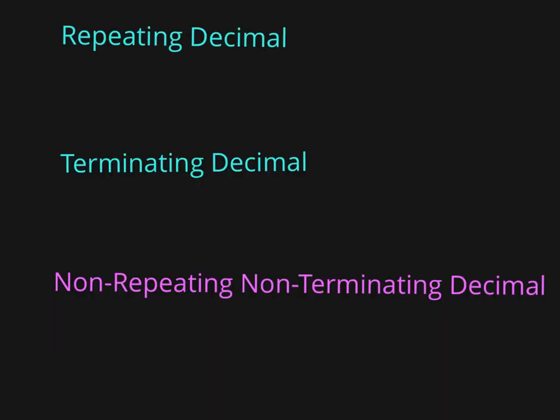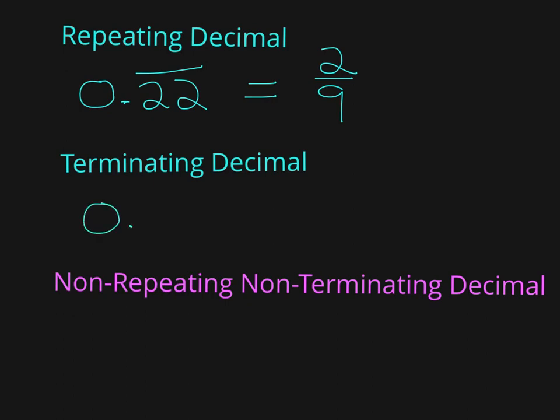Alright, just reiterating one more time because this is important vocabulary. A repeating decimal, 0.22 repeating, is rational because it can be written as the fraction 2/9. A terminating decimal, 0.12, can be written as a fraction because that would be 12/100ths, which we could then simplify.